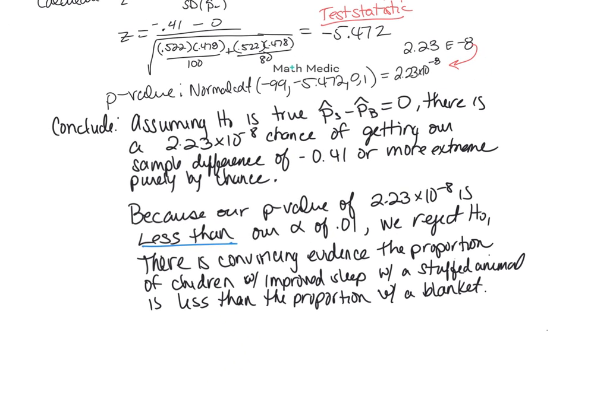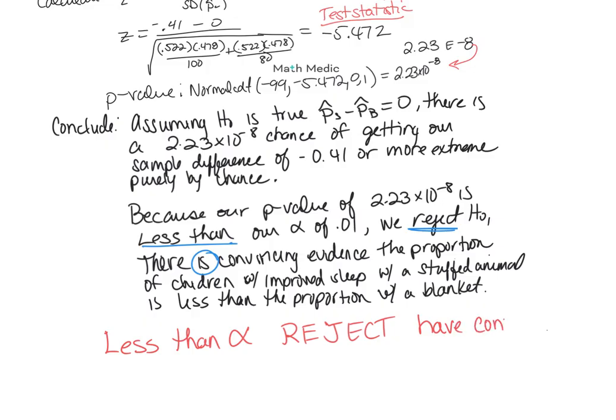Okay, so one of the things I'm noticing is that when we're rejecting, there is convincing evidence. I'm seeing people reject and say there's no convincing evidence. So if it's less than alpha, we are going to reject, and we have convincing evidence.